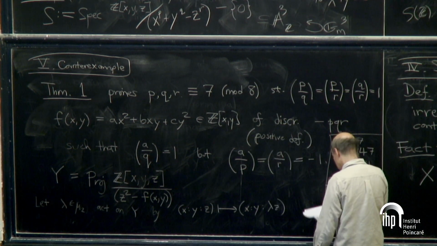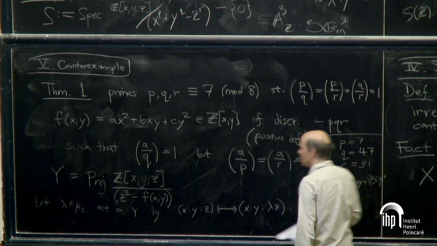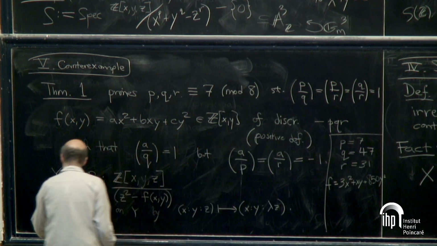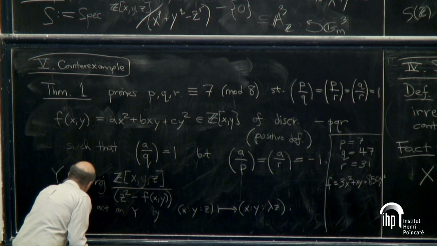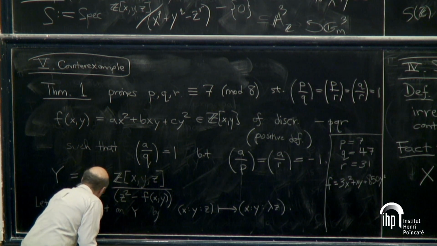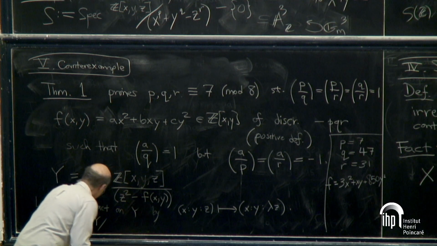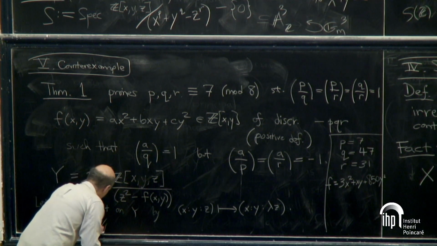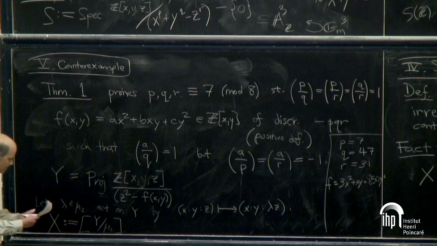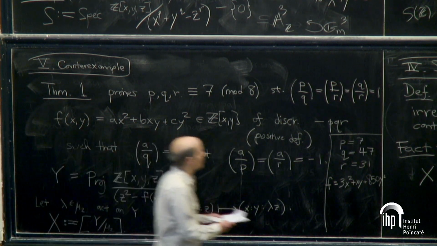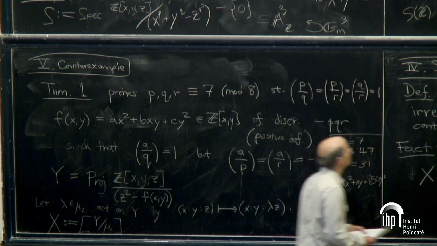So this makes sense. And you can probably guess what's coming now: I'm going to take the stack quotient of this curve by mu2. So that's the setup, and now what's the conclusion?